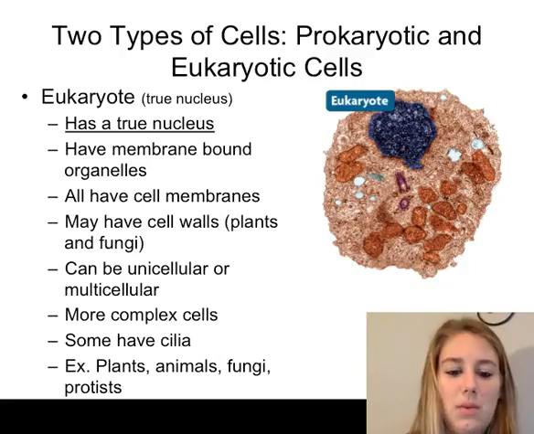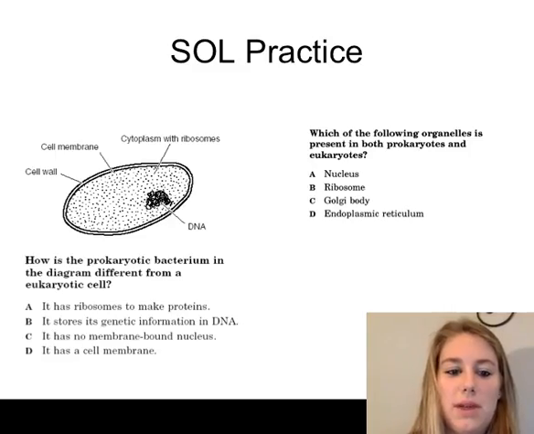Some may have cell walls, like plants and fungi, but not all eukaryotes have cell walls. Some can be unicellular, like yeast, and others multicellular, like humans. They are the most complex cell, and some examples of them are eukaryotes from the domain Eukarya, like plants, animals, fungi, and protists.